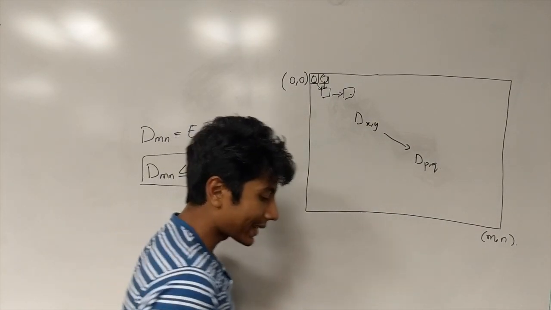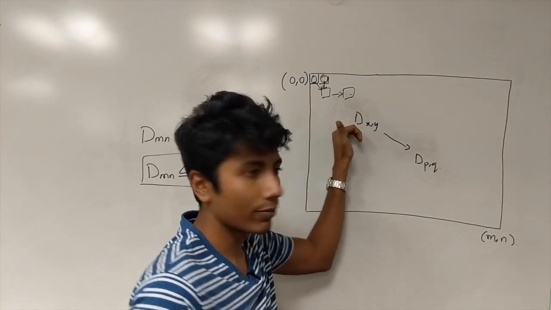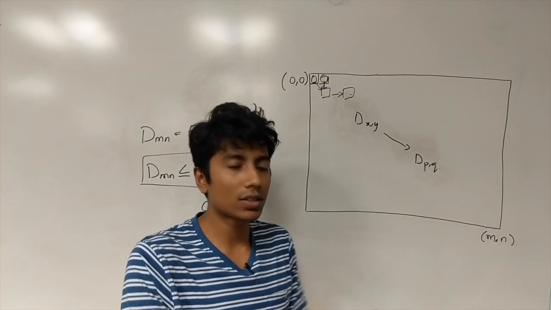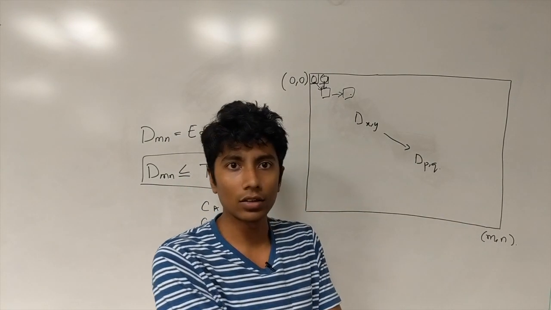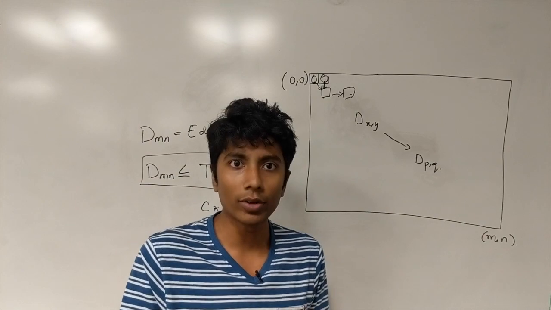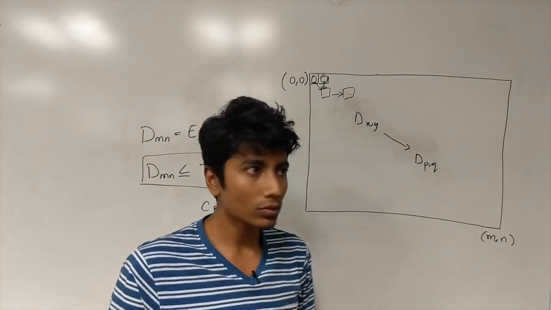So one thing that can happen is that you get all characters the same from x y to p q. All characters are the same and you're just heading along the diagonal. If you head along the diagonal, that's damn good because the cost can be 0.